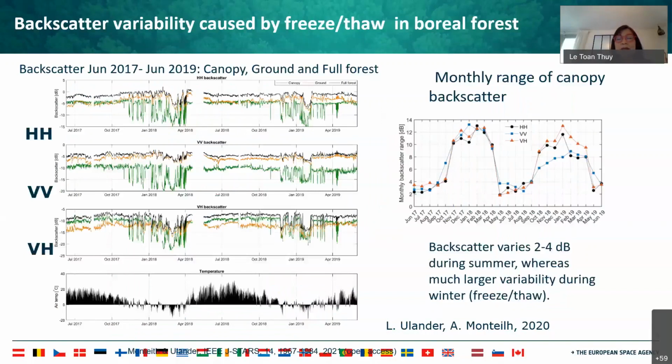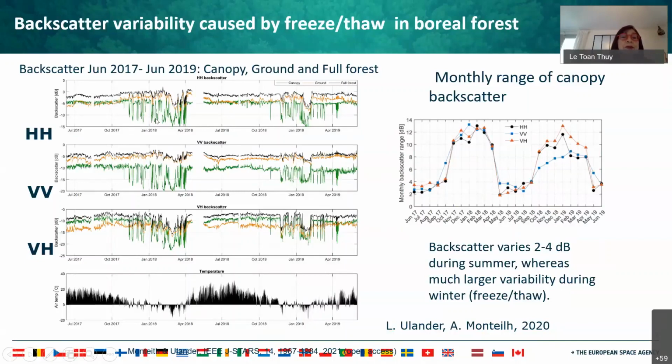Okay, and here what Clément showed already, but I see here the three curves. The total is black, the crown is yellow, and the canopy is green. And so you can see here in VH, the crown contribution is lower than the two others. And here in HH, the crown contribution is equal to the vegetation contribution.